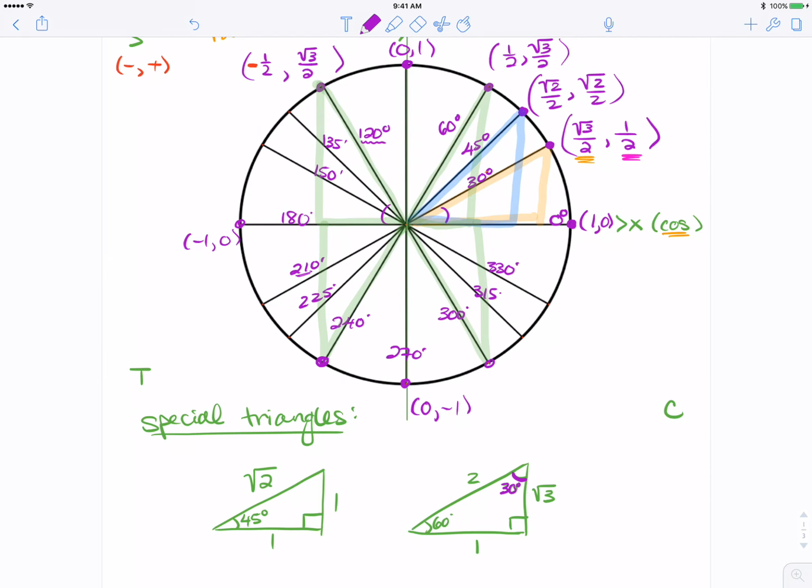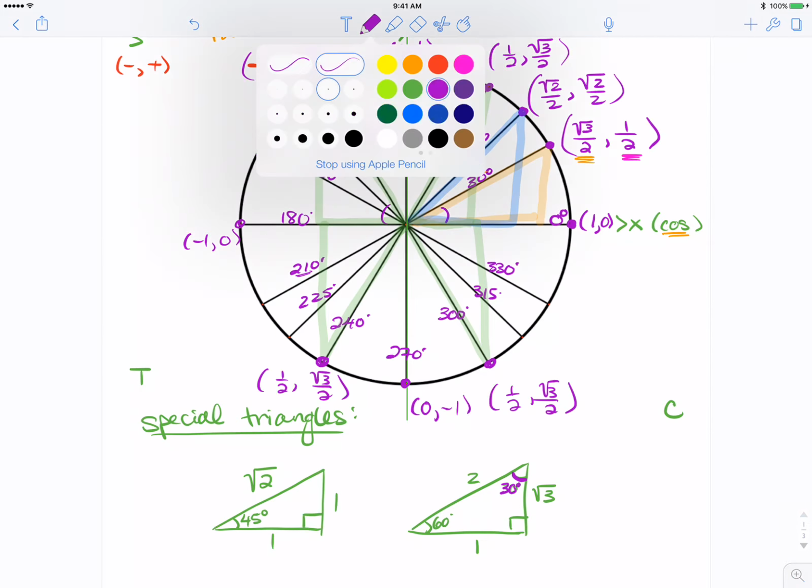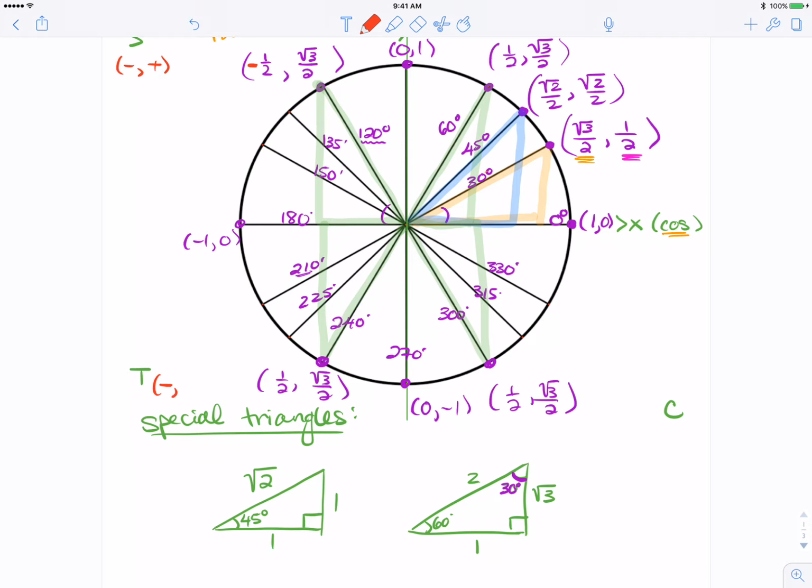So I can write on my unit circle the points here, 1/2, √3 over 2, 1/2, √3 over 2, and just recall that I need to adjust the sign. In the left quadrant, negative, negative. In this quadrant, positive, negative. So negative, negative, positive, negative. I've completed all the 60-degree triangles.